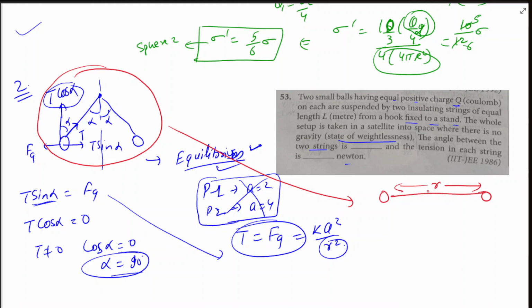The length of the string is this, so R will be 2L. So what will be the answer? K Q square divided by 2L square, which is 4L square. Okay. So the angle between the two strings is asked. It is not 90, it is 180 degrees. 180 degrees, and this is our force here.